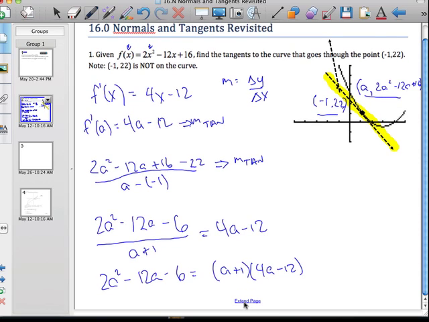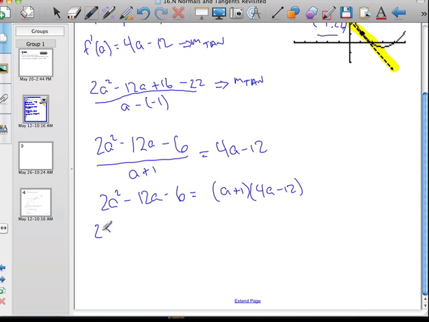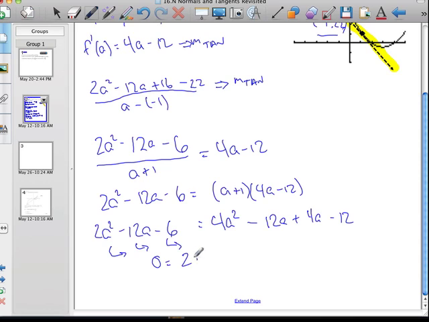Doing some algebra on that, I get 4a squared minus 12a plus 4a minus 12. I'm going to bring all these over to this side of the equation. So 0 will be 2a squared plus 4a, and these 12s will cancel away.